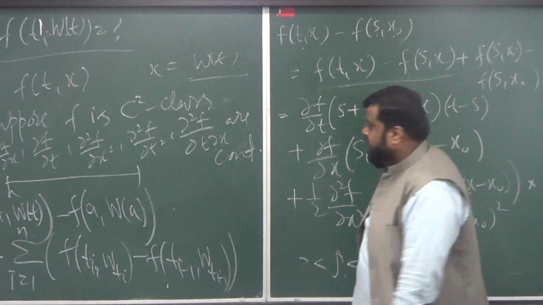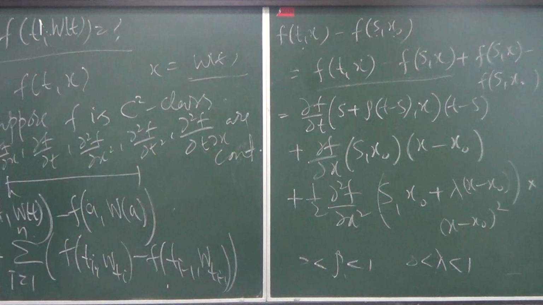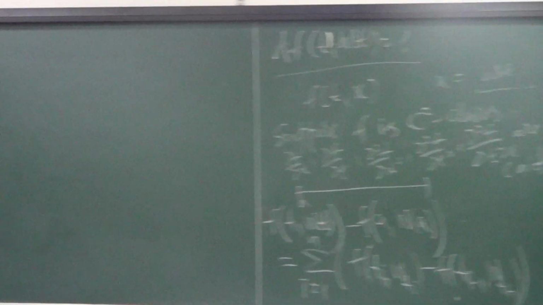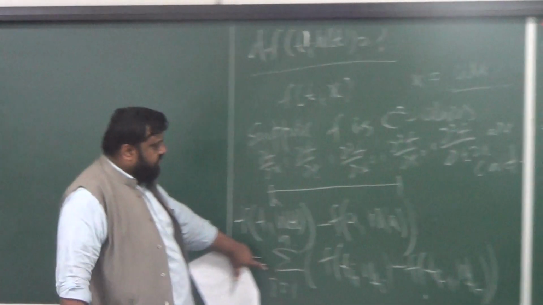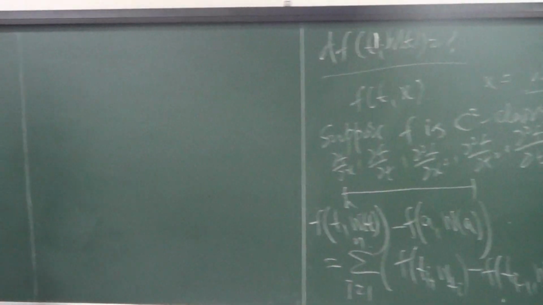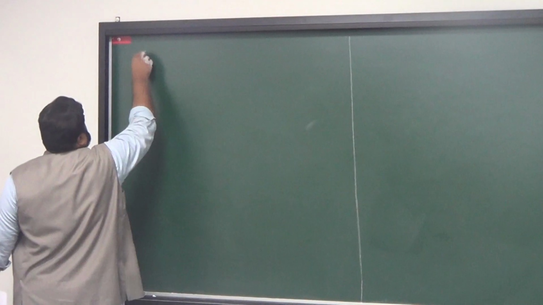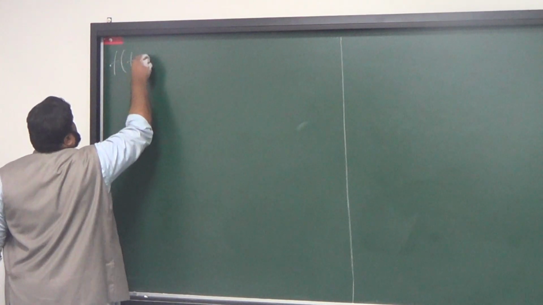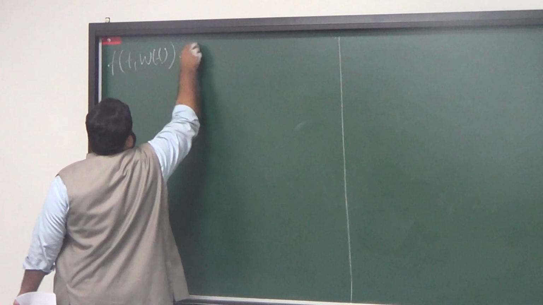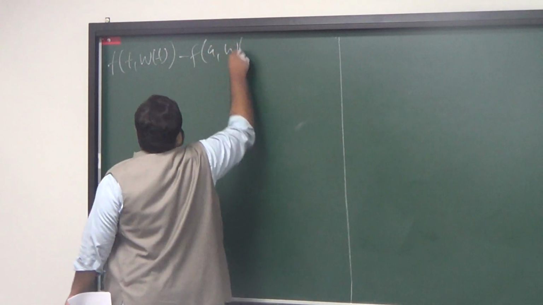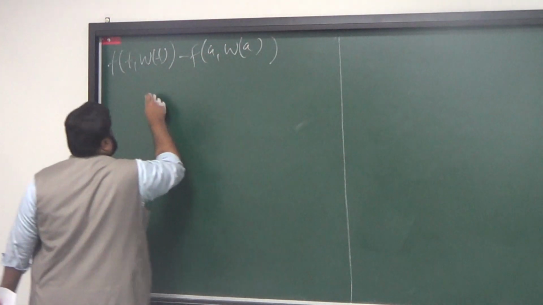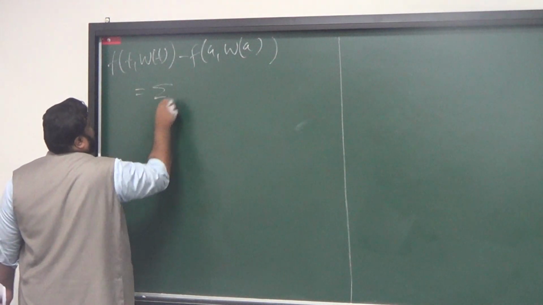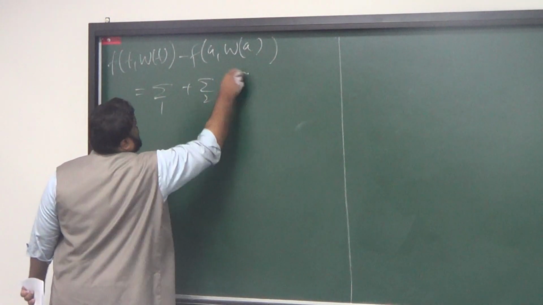So we're going to do the same activity. The outcome is a simple Taylor expansion. Now this sum, in other words W of t minus W of a, is going to turn out to be three sums: sum 1, sum 2 plus sum 3.